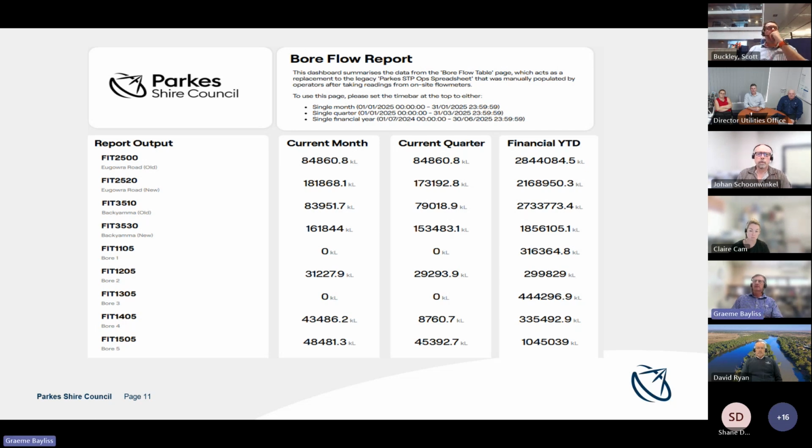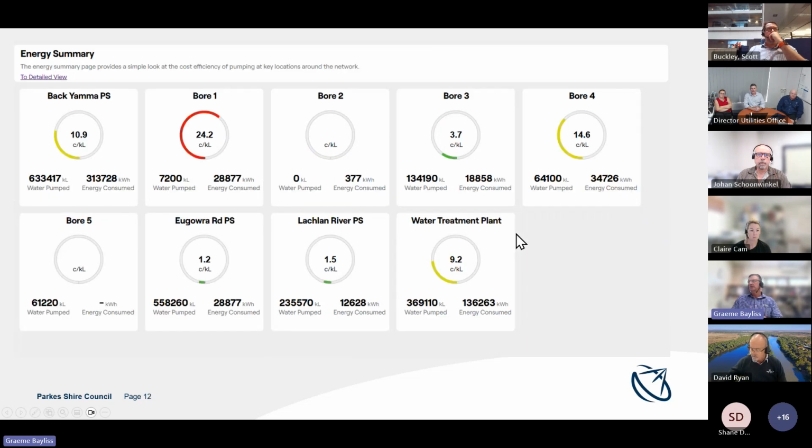And the latest in our journey of data acquisition, we're moving on to getting electricity data, and we're doing some work with our electricity providers to get interval data from our sites. And as you can see, this dashboard quickly shows how your pumps and bores are operating and how much it's costing you to move your water around your areas.